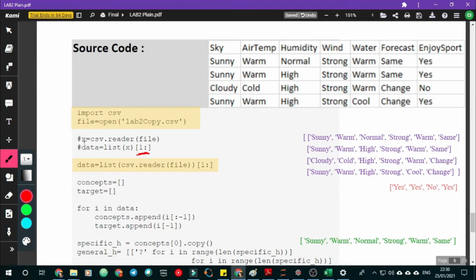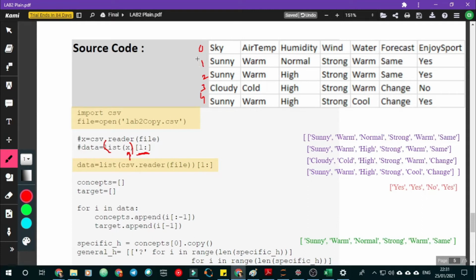X has, okay, list of x means this is nothing but 0th index, 1 index, 2 index, 3 index, 4th index, correct? But when I am converting this x into a list, everything will be indexed as 0, 1, 2, 3, 4. But I am transforming from which index?